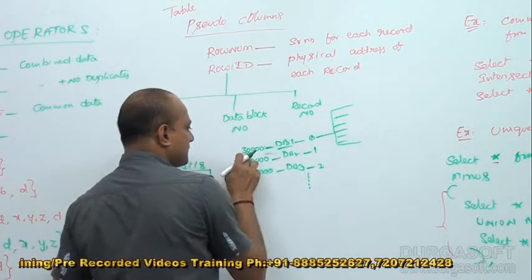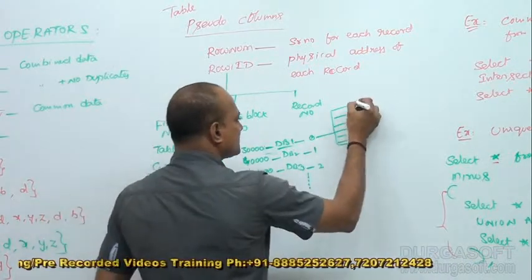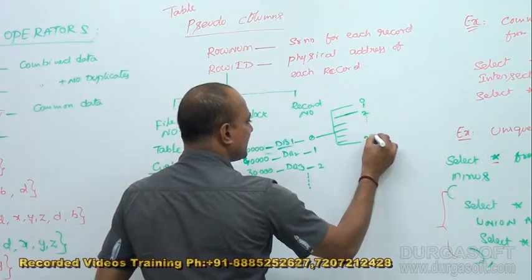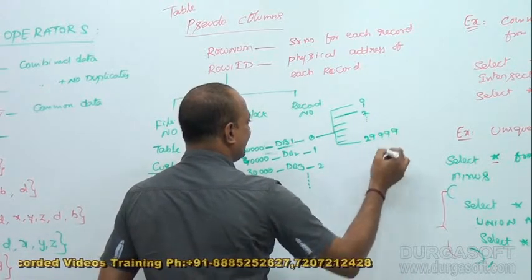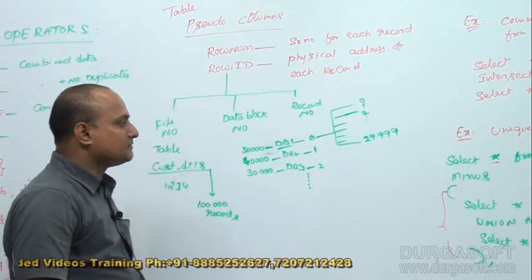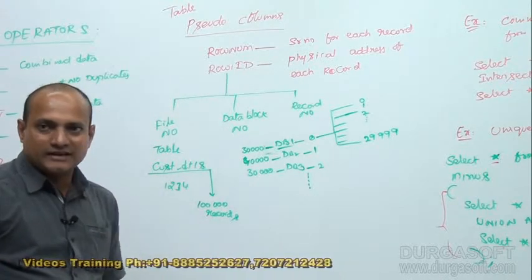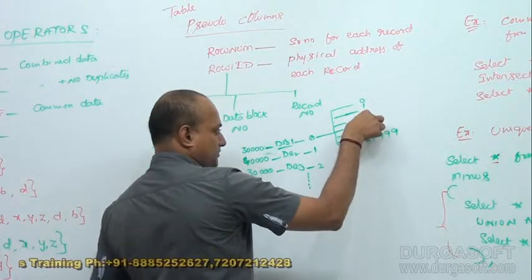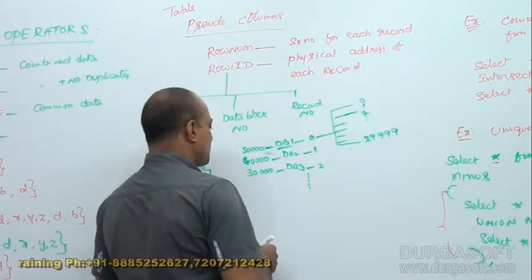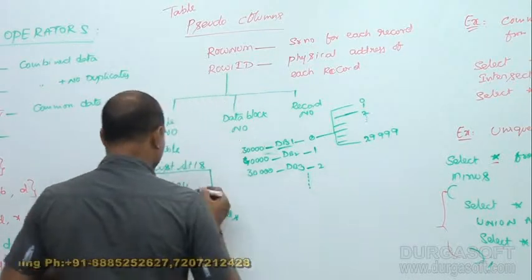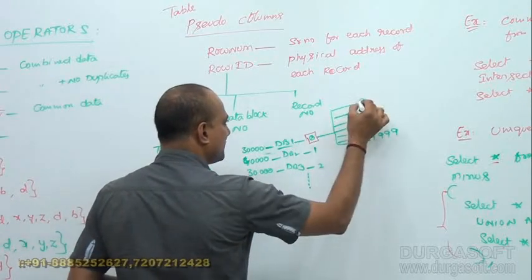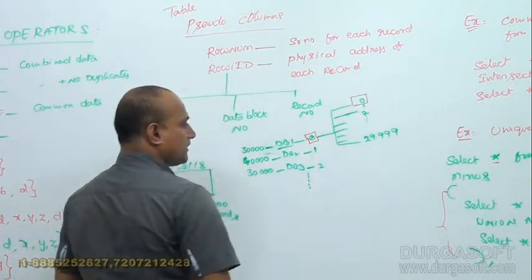How many records? 30,000. So 0, 1, 2, and so on up to 29,999. What is the last number? 29,999. That means totally 30,000 records. Now tell me the combination of these values: file number, data block number, record number.